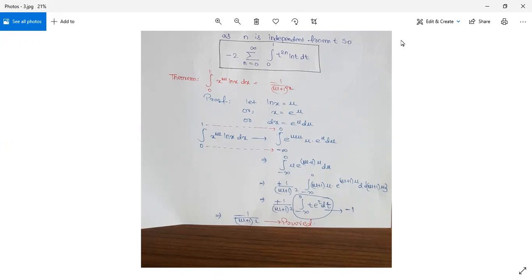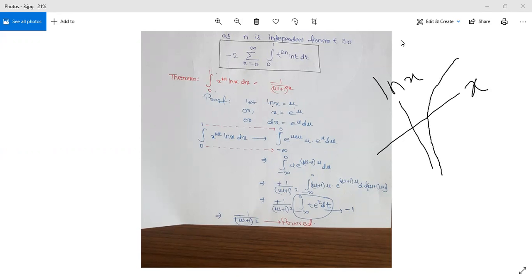And also, we need to establish our limits. Now I have taken natural log of x equals u, and x is from 0 to 1. So when x is approaching 0, what will natural log of x approach? As we can see from the natural log graph, as we approach 0 from the right-hand side, the graph of natural log of x acts like an asymptote to the vertical line.